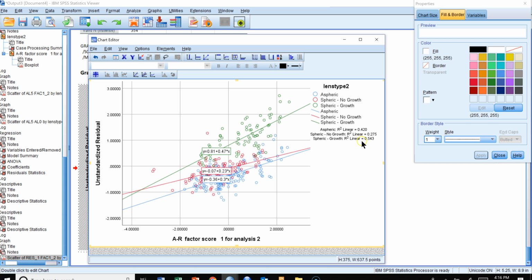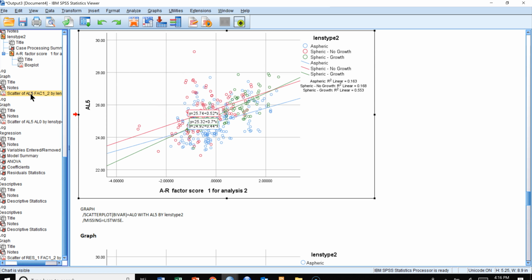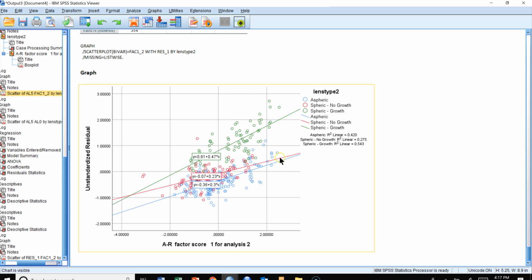So the spheric growth is 0.543, and it was somewhere in that neighborhood before, 0.55. But aspheric and spheric no growth were a lot lower. When you take out the baseline axial length, they actually become a little bit more related, or show that these factors are also important for them. It's just not as dramatic.